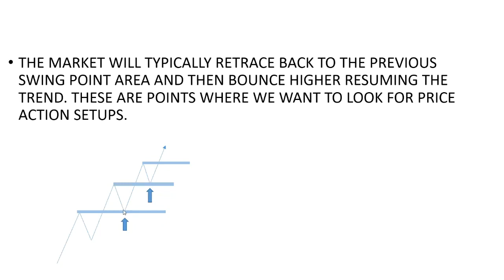And now when it was on the support, treating this resistance as support, this part here is a retracement of an uptrend. An uptrend retraces going downwards, and the downtrend retraces going upwards, basically.